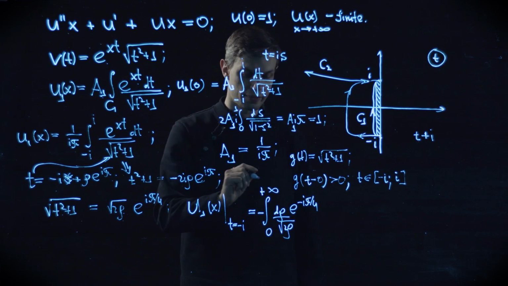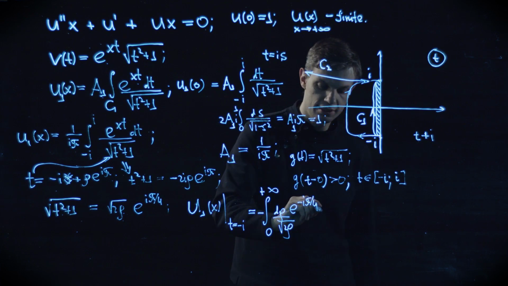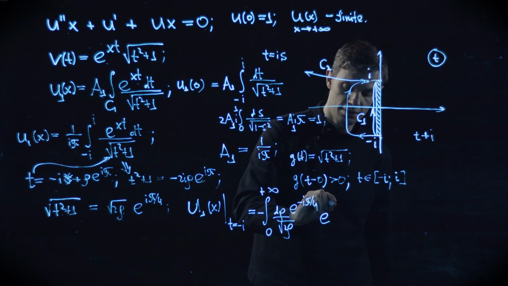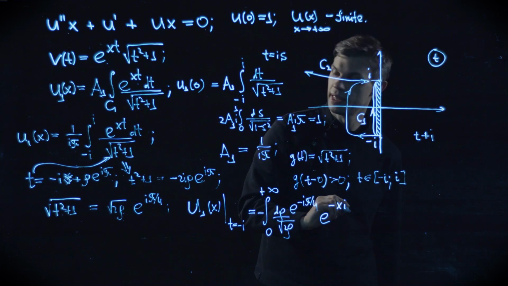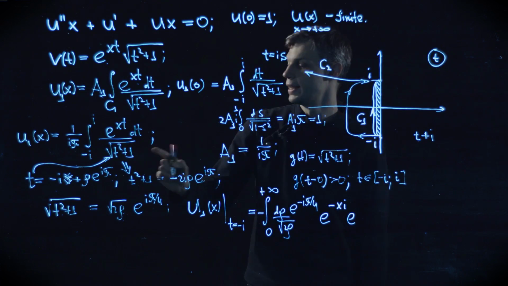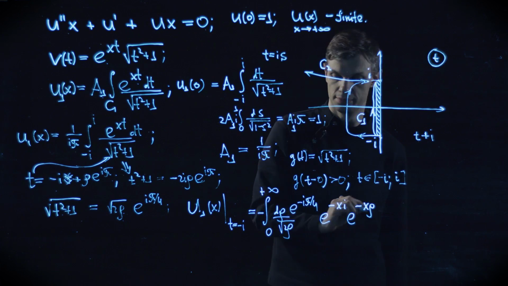Next, we have this exponential, so it is turned into e to the i x minus xi, sorry, times e to minus x rho.